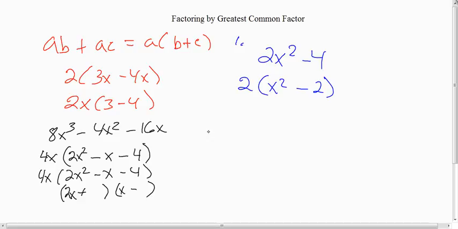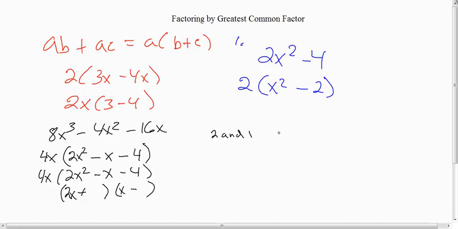Our first is 2 and 1. Then we look at the factors of 4, which are 2 and 2, and 1 and 4.